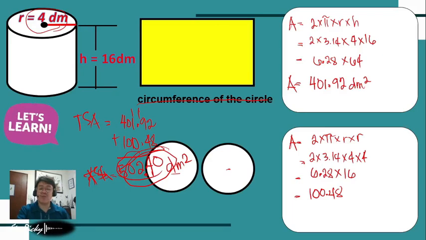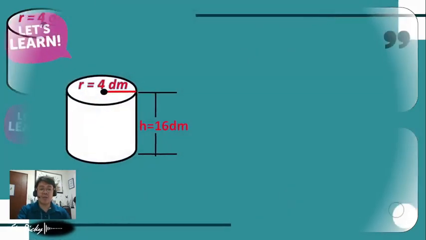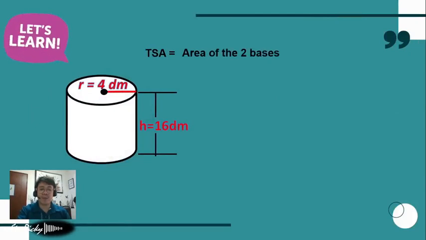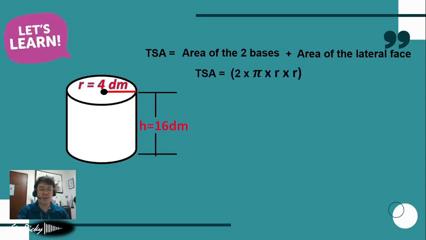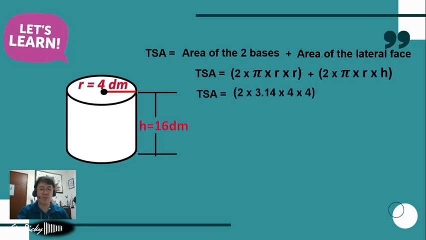So in order for you to solve it in the easiest way, we can follow this formula, wherein TSA is equal to the area of the two bases plus the area of the lateral face, which is 2 pi r squared, plus 2 times pi times r times height. That is 2 times 3.14 times 4 times 4, plus 2 times pi r times height, or h, which is 2 times 3.14 times 4 times 16.